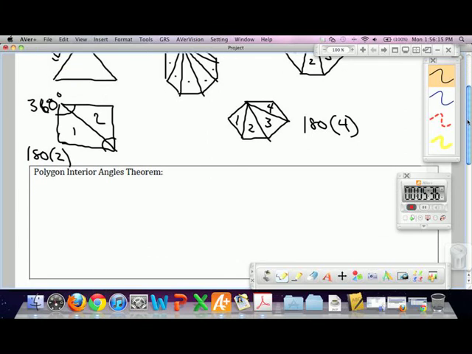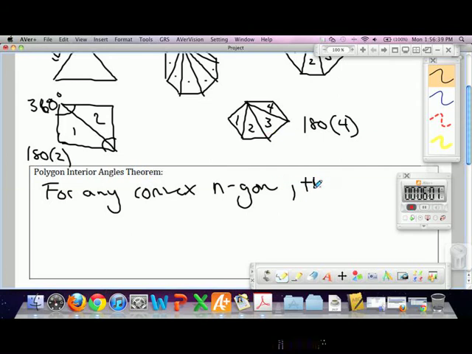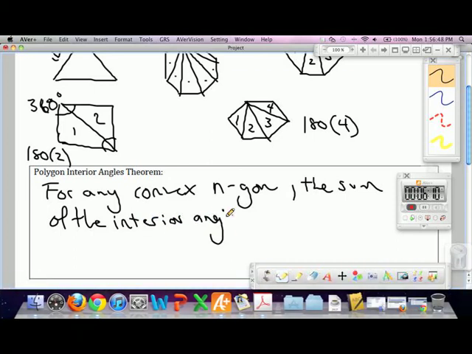It says that for any convex n-gon, which hopefully you're familiar with way back in chapter 1, where we named polygons, with n being the number of sides of our polygon, the sum of the interior angles is given by (n minus 2) times 180.